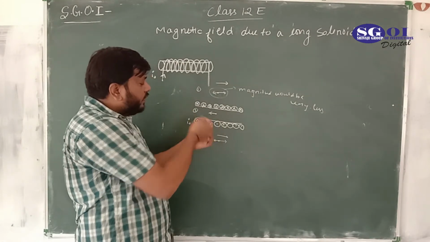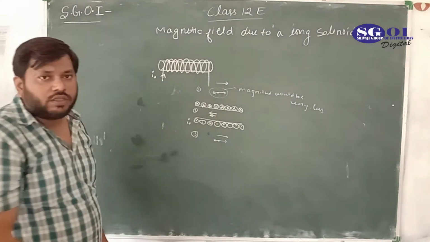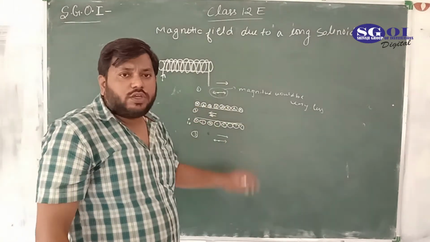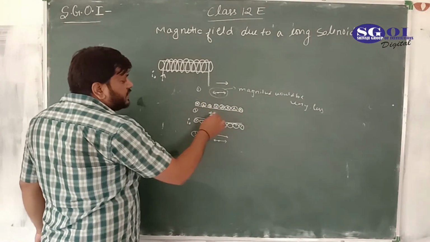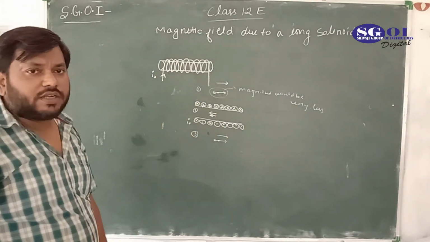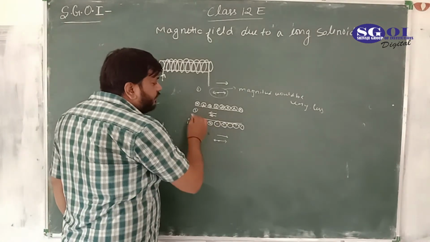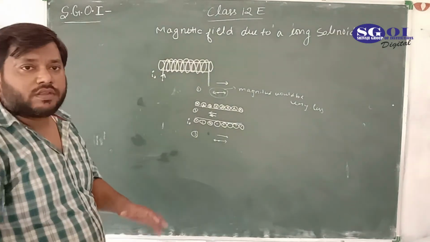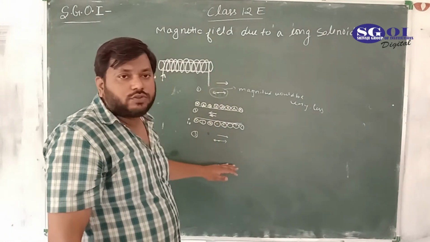The upper part is moving in the same direction, that is, it is also moving in this direction. So inside the solenoid, we see that both magnetic fields, because of this and this, are in the same direction. It means they are finally adding. So the strength of the magnetic field is significant inside the solenoid, not outside the solenoid.